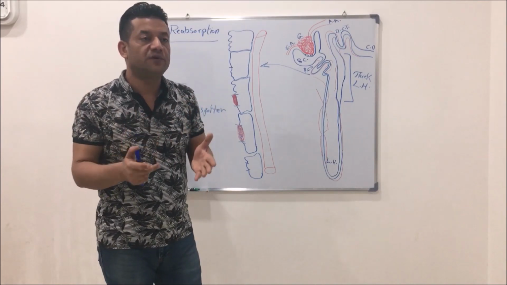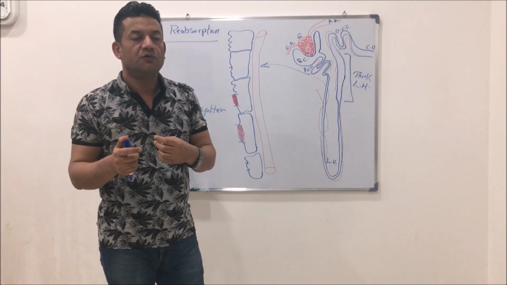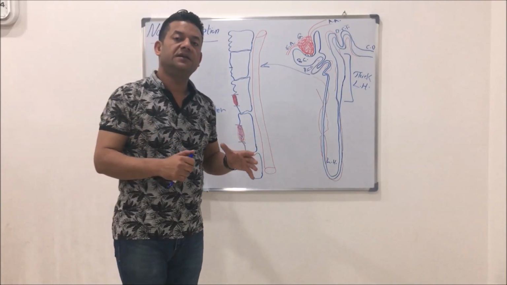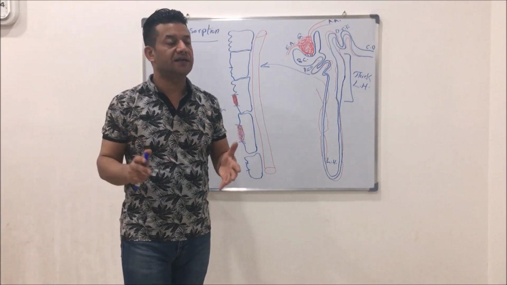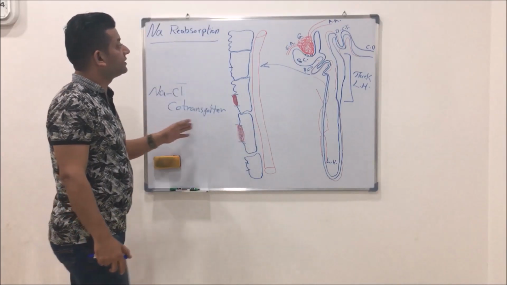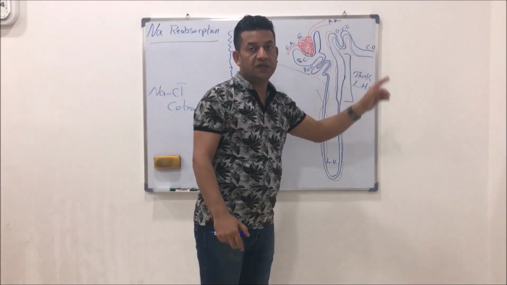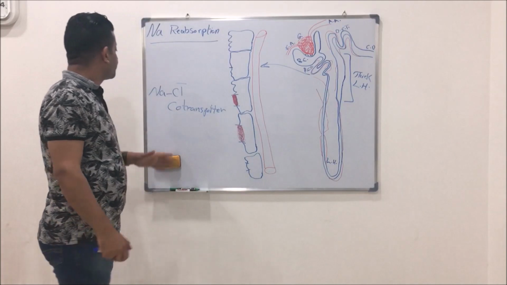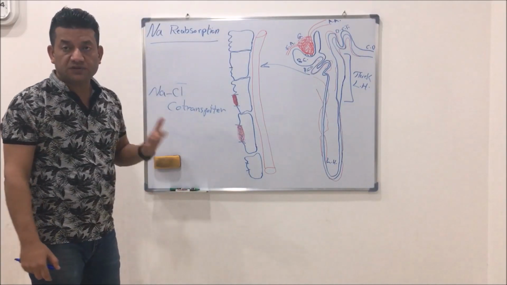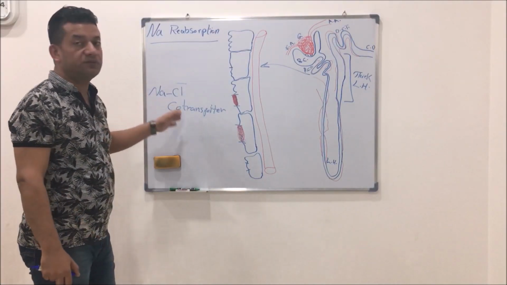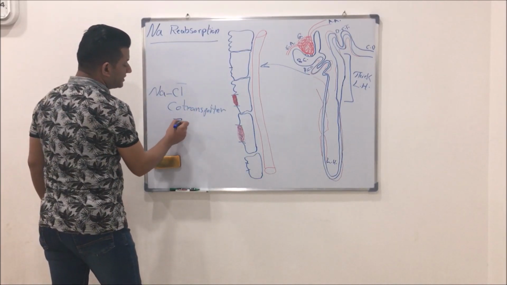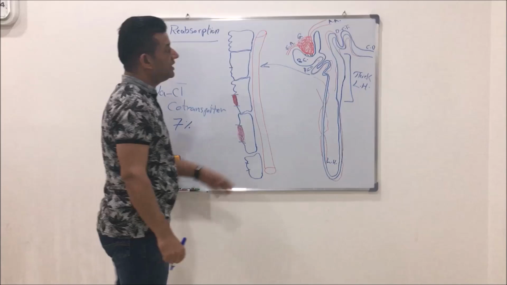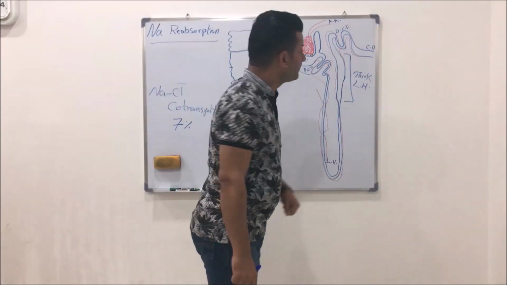It is not a driven force, not electrical force, where sodium follows the chloride to compensate for the electrical gradient. No, sodium here is reabsorbed by a specific co-transporter protein called the sodium chloride co-transporter, and about 7% of sodium is reabsorbed by this mechanism here.